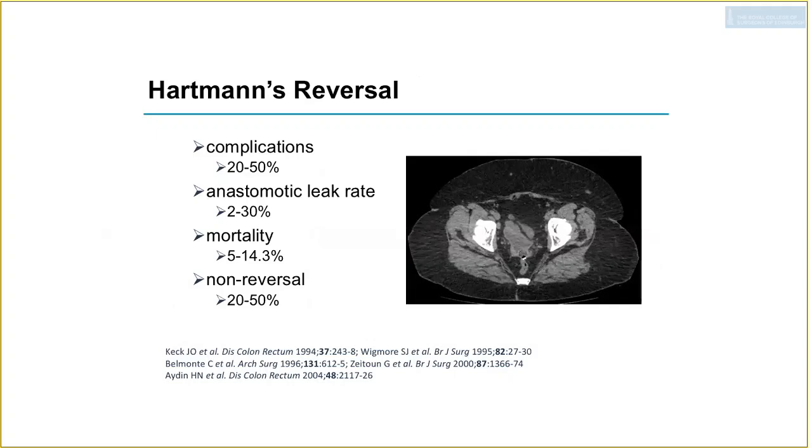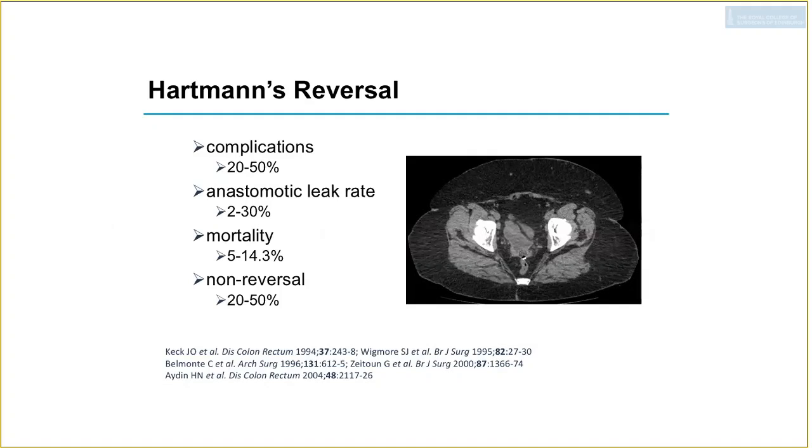And you can understand that the complication rate may indeed be quite high for that. We don't like doing it because we don't like reversing the Hartmann's. We don't like to rejoin them back up again. And it's the question that's always asked by the patients: if I have a colostomy, can I get rid of it in due course? And the answer, we rather glibly say, is, well, yes, at some stage we will.